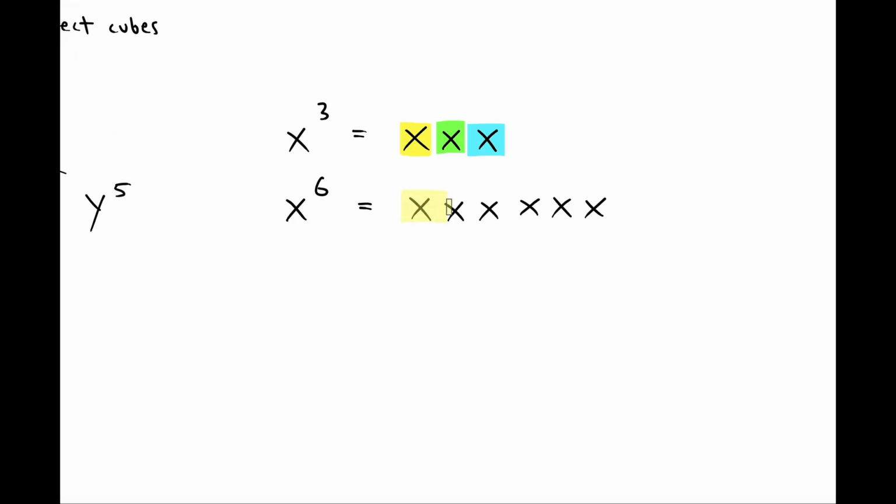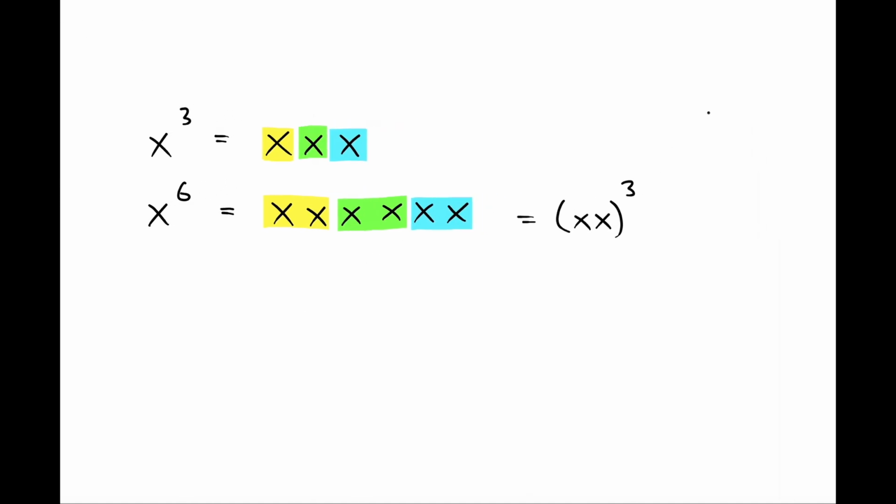Here we have 2 x's multiplied by 2 x's multiplied by 2 x's. So there's a triple there. It makes x to the 6th. So now you might ask, what is the cube root of x to the 3rd?